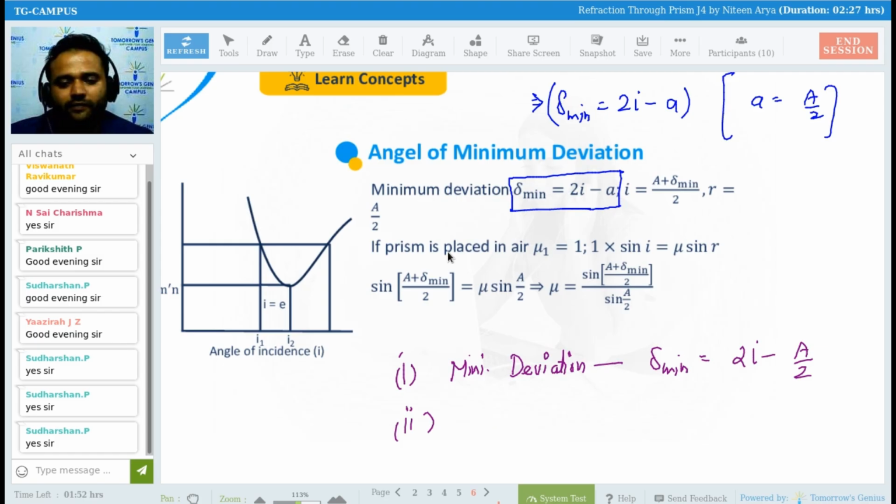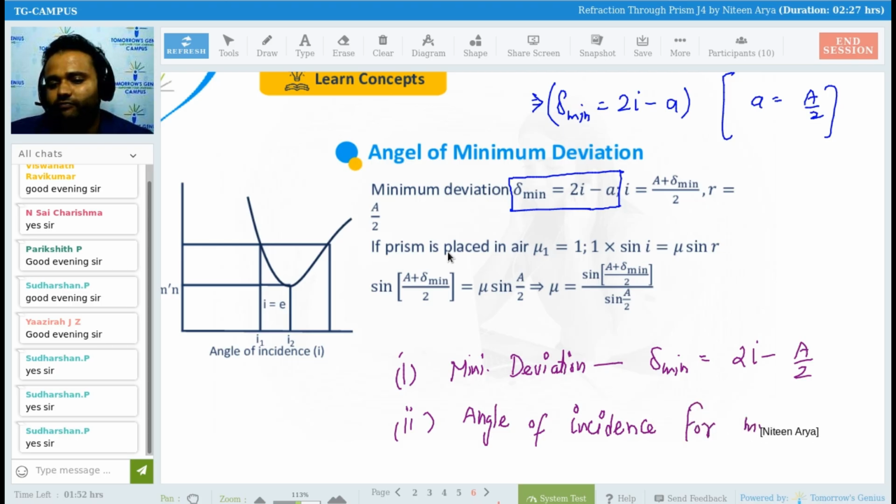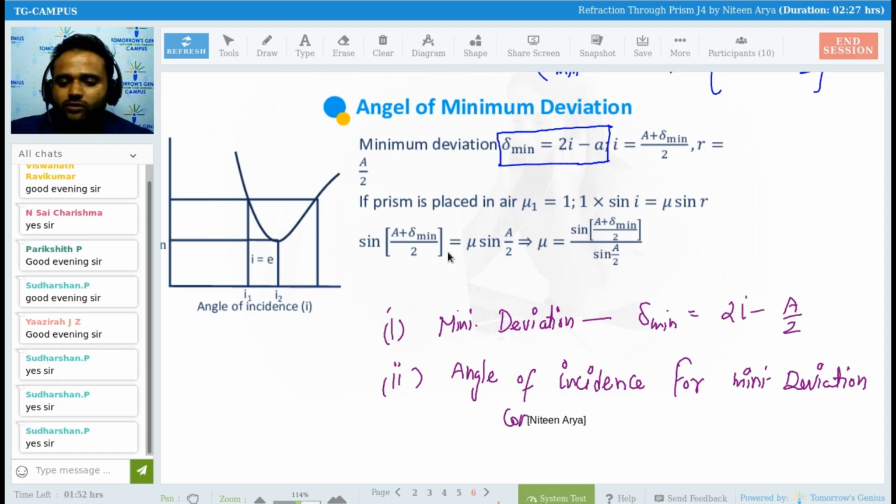Second thing, which is more important: angle of incidence for minimum deviation condition. They don't ask this directly, the numericals are framed that way: find the angle of incidence for minimum deviation condition.